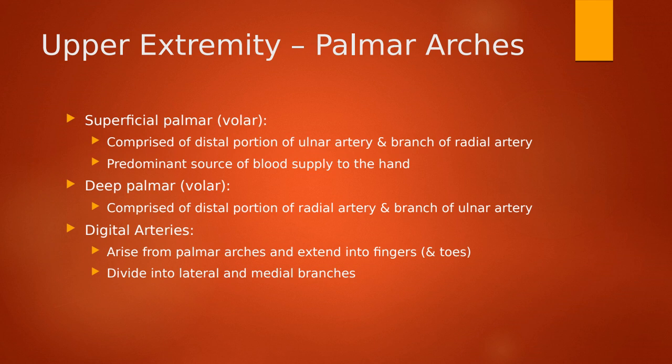This is going to be the predominant source of blood supply to the hand, and then our deep palmar arch is going to be that main branch off of the ulnar artery that communicates with the distal portion from that radial artery. Our digital arteries are those small arteries coming from each finger, and each is going to have a lateral and a medial branch that divides from it. So let's put that all together.